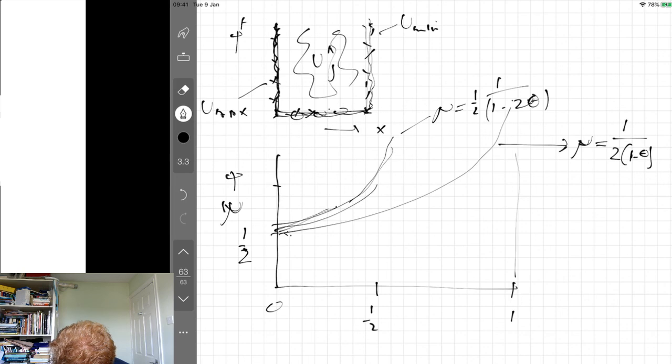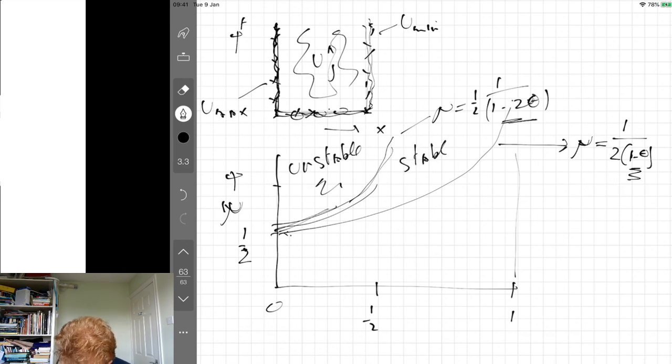You see that theta is 1, this asymptotes, and this asymptotes at theta is half. So here the scheme is unstable. Here it's stable, but it doesn't satisfy the maximum principle. Here it's stable plus convergent.